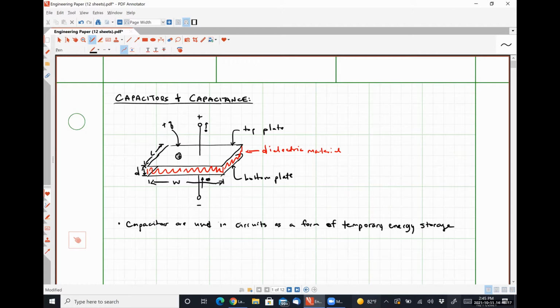And so a very good question that you might ask is, how the heck can there be a current flowing through this thing when there is, by definition, no path for conduction to occur, right? These are two plates that are physically separated from each other. Well, the action of moving charge onto the plate is causing a current to flow.